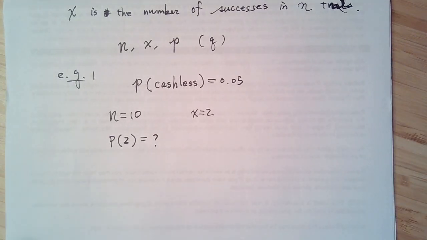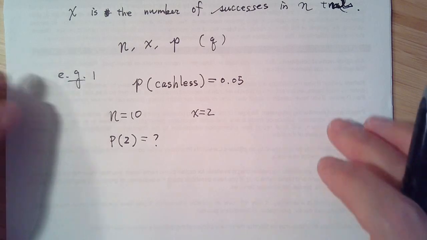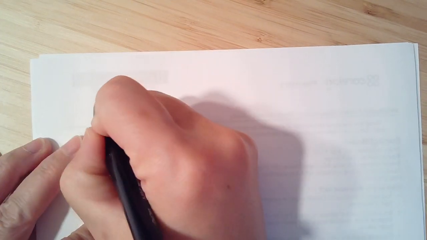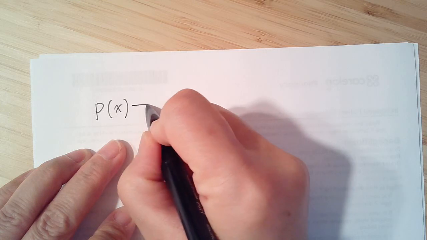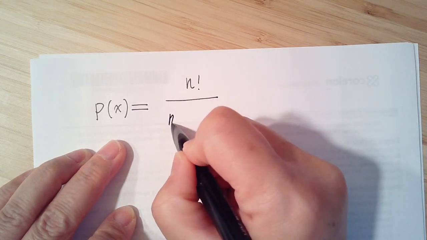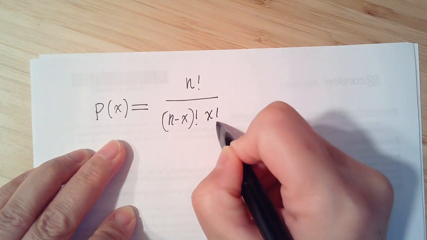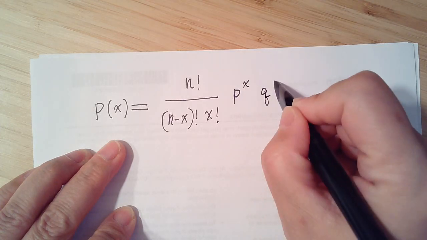So after you identified n, p, and x, I will give you a formula. The formula is this: P of x equals a certain value, which is n factorial over n minus x factorial times x factorial, times p to the x and q to the n minus x.